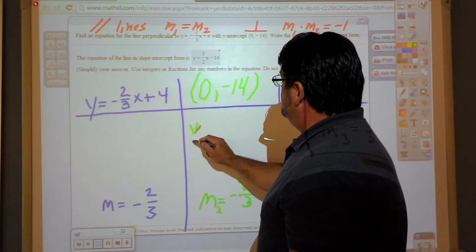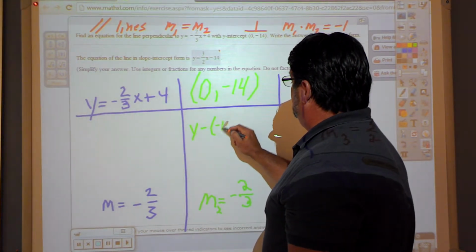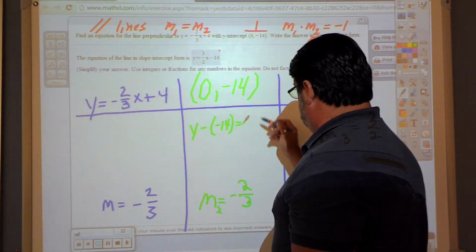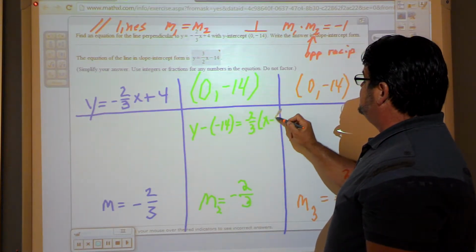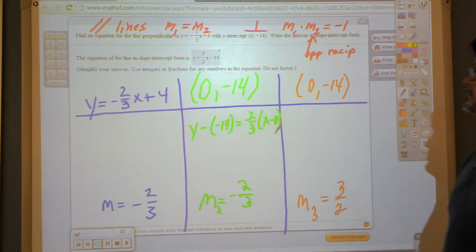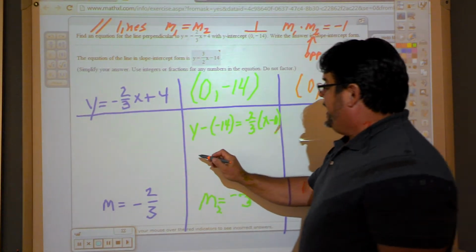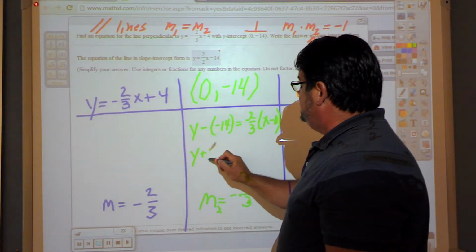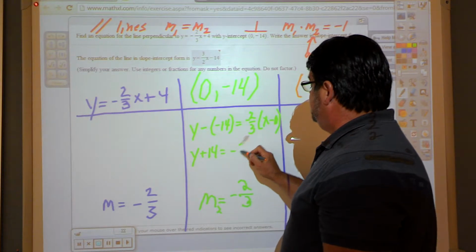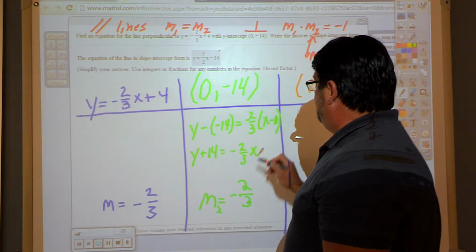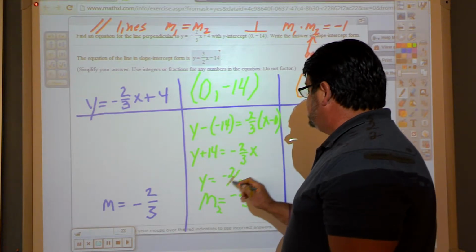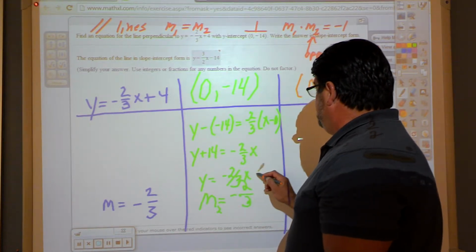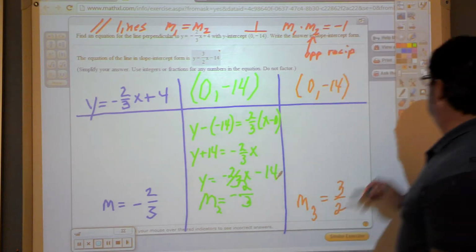Y minus negative 14 is equal to negative 2/3 times x minus 0. Y plus 14 is equal to negative 2/3 x, and y is equal to negative 2/3 x minus 14.